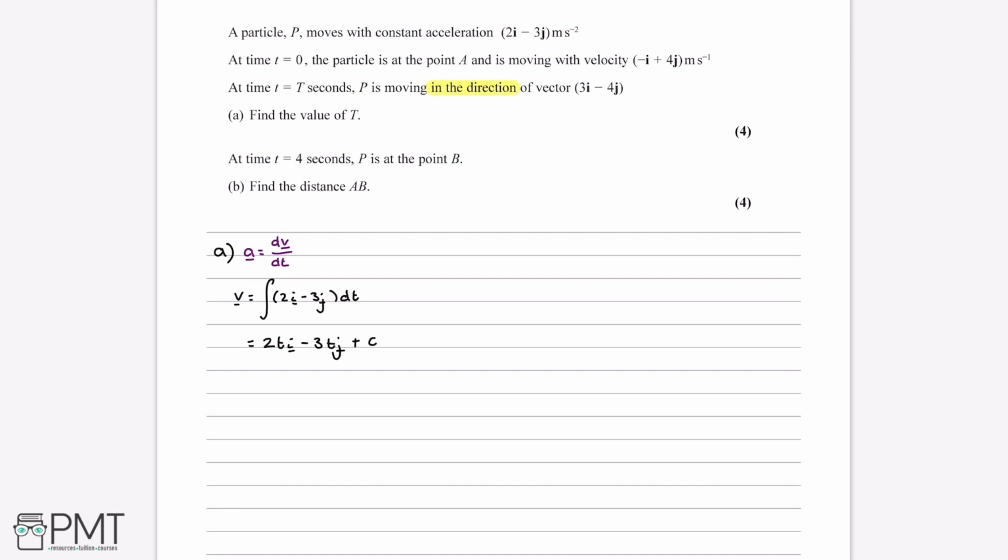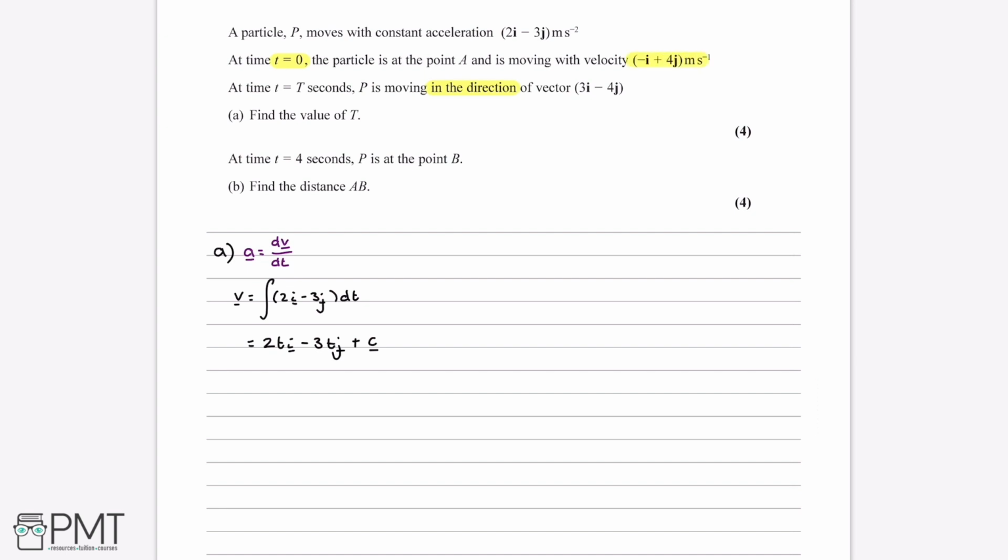Then because this is indefinite integration, we have to add a constant plus c, which in this case is also a vector. Now we want to find what c is, so we can get a complete expression for velocity, because this isn't quite complete. To find c, we can use more information from the question: at time t equals 0, the particle is moving with velocity minus i plus 4j meters per second.